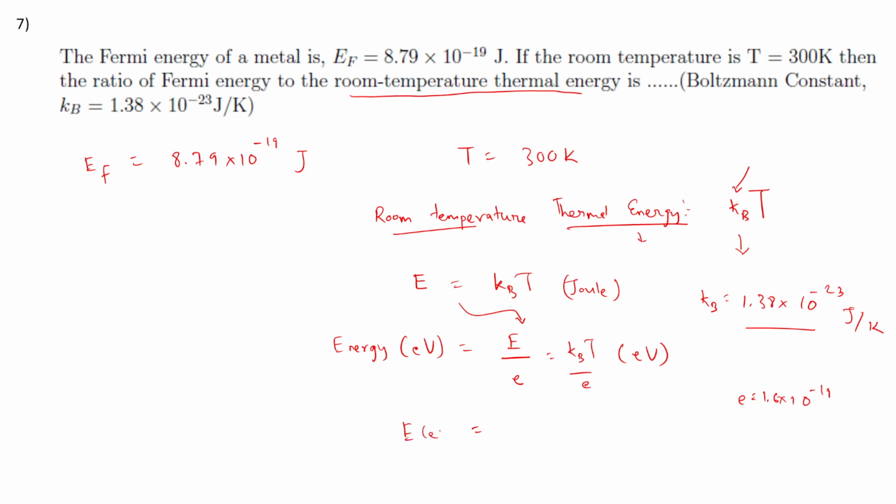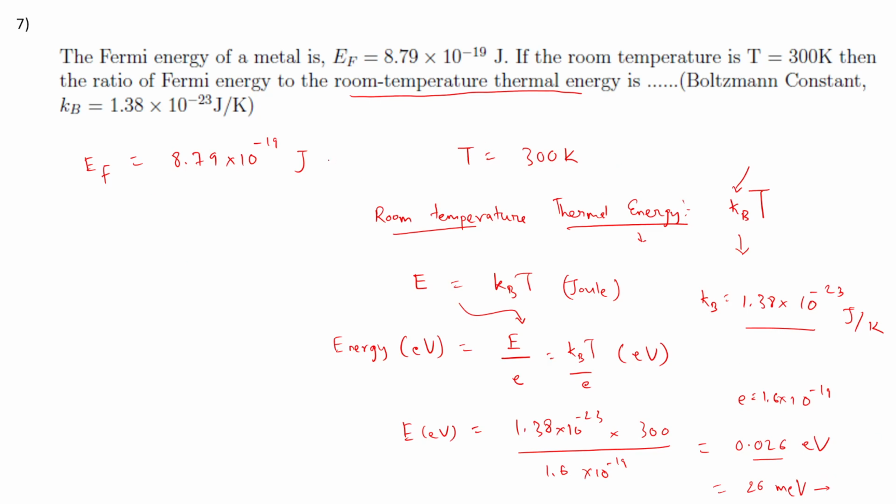So E in electron volts is kB times T over e: 1.38 × 10^-23 times 300 Kelvin over 1.6 × 10^-19. What you get is 0.026 electron volt, a very small number, or you can write this as 26 milli electron volt. This is very frequently used in a lot of calculations, so it is good to remember that the room temperature thermal energy is 26 milli electron volt.